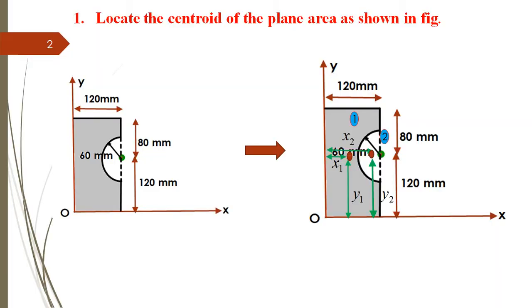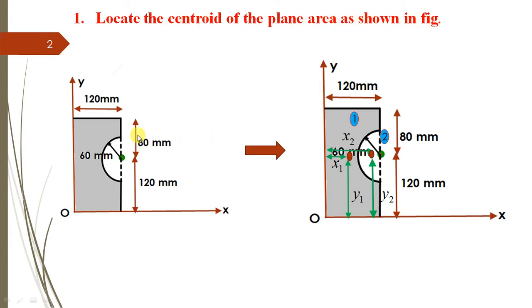The problem is: locate the centroid of the plane area as shown in figure. If you observe this figure, there is one rectangle, from which a semicircle is removed. They have asked us to find the centroid of the plane area as shown in figure.